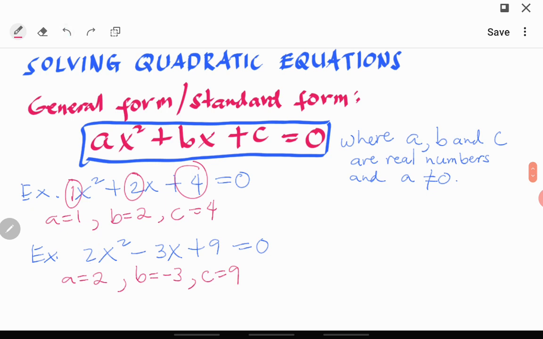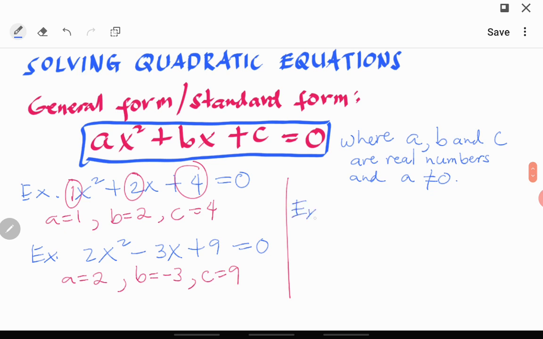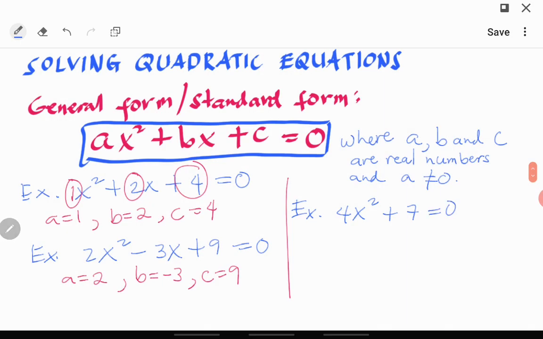So ngayon, sa dalawa pang halimbawa upang maintindihan talaga kung ano yung mga quadratic equations. So we can also have a quadratic equation that looks like this: 4x squared plus 7 equals 0. Okay, quadratic equation din yan.